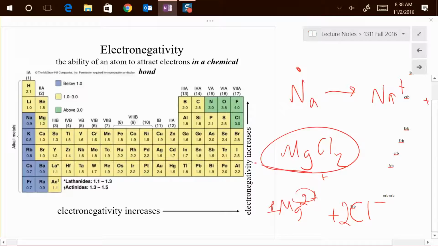Okay, so here you can see these electronegativities. These are the electronegativities of the elements. They follow the same trends as the ones we just talked about. Fluorine has a high electronegativity. As I move this way, what's happening to my electronegativity? It's decreasing, from fluorine to lithium.